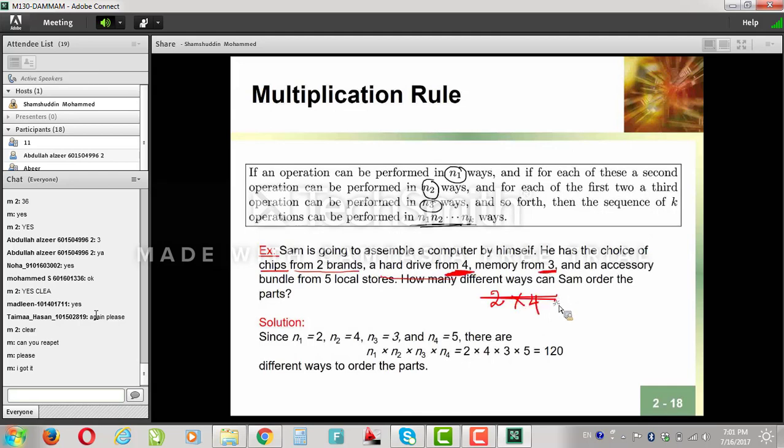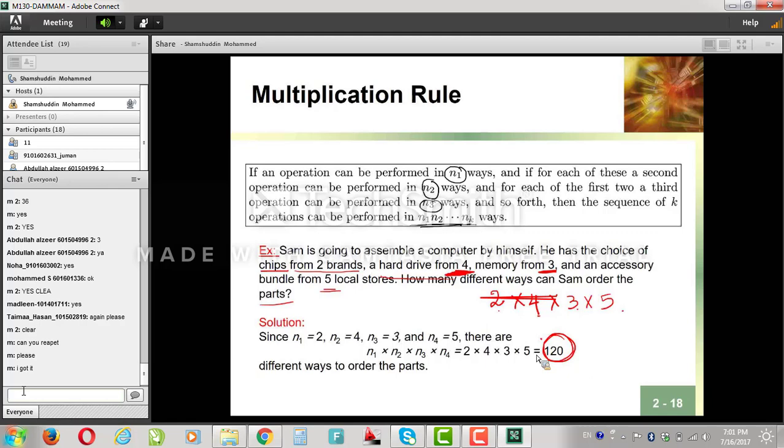The memory he can choose from 3, so multiply by 3. And an accessory bundle from 5 local stores, so multiply by 5. In how many ways can Sam order parts? Then it is 2 multiplied by 4 multiplied by 3 multiplied by 5. So he has 120 ways to choose the parts of his computer.